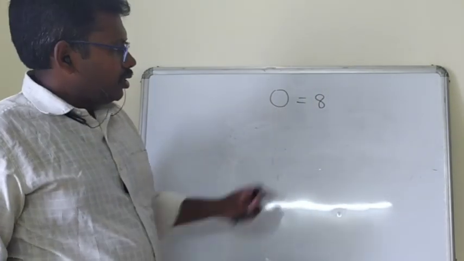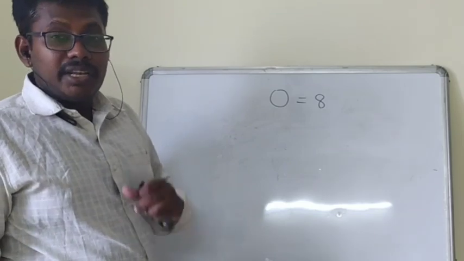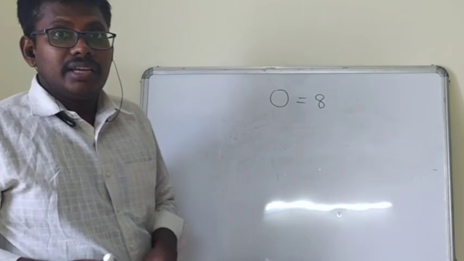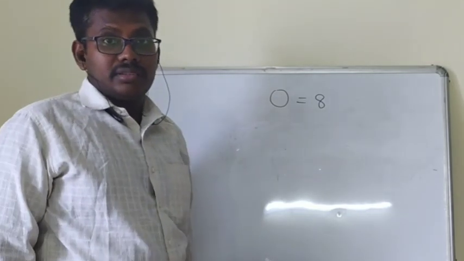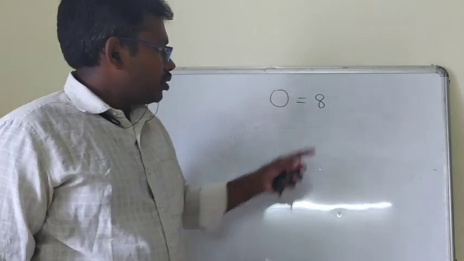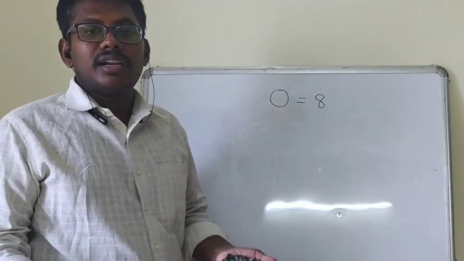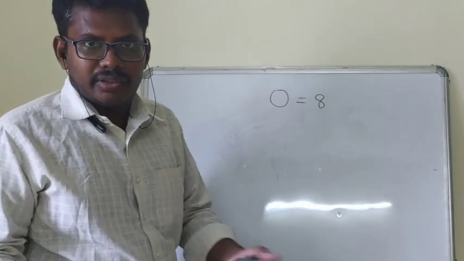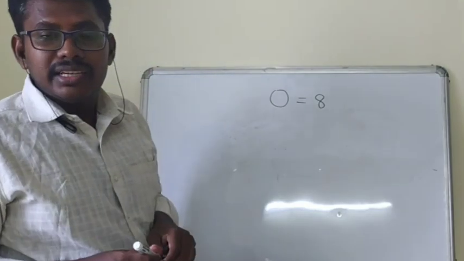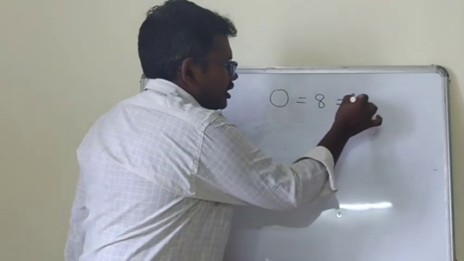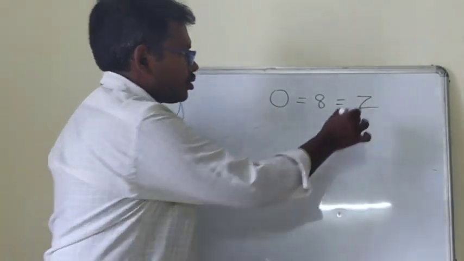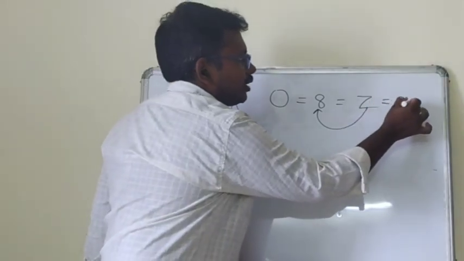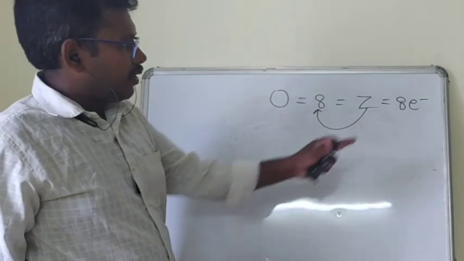So atomic number 8 means how many electrons? I said already the atomic number definition: number of electrons or protons inside the neutral atom. So atomic number 8, electrons also 8, protons also 8. I said already the atomic number symbol is Z. Electron symbol is e with negative power.